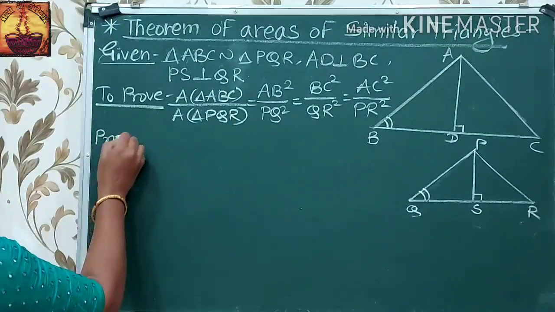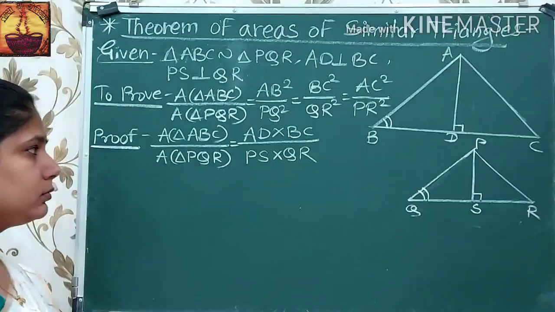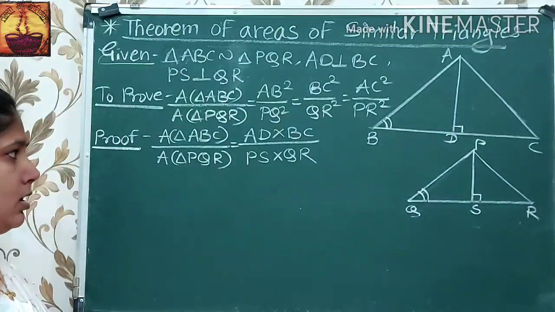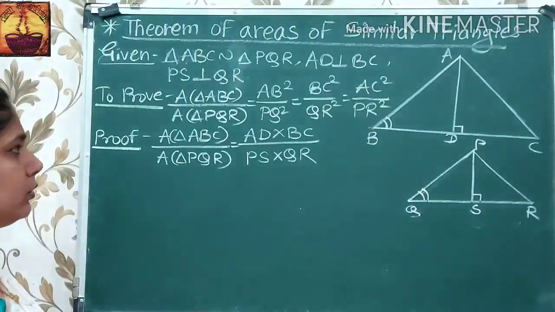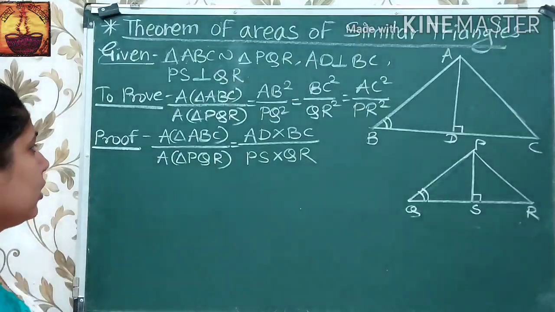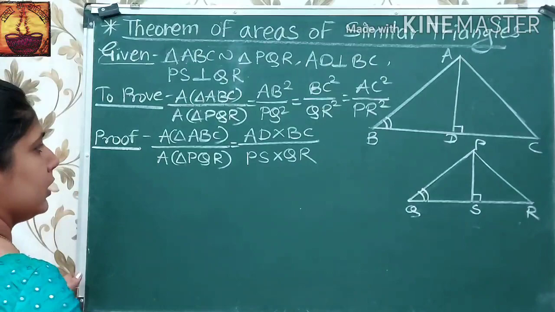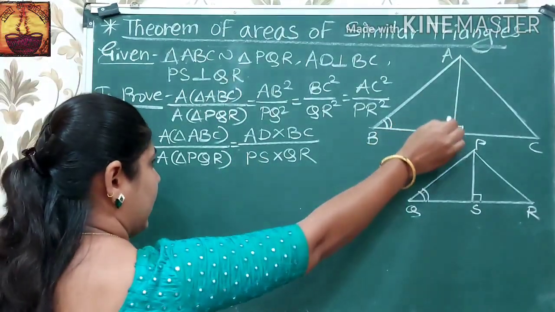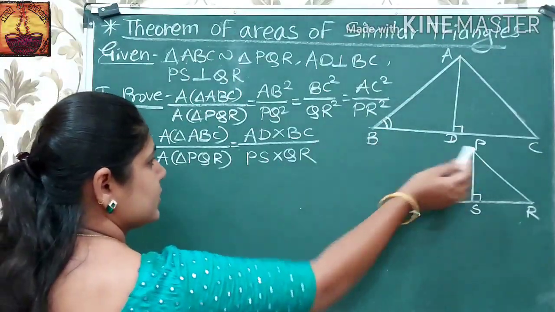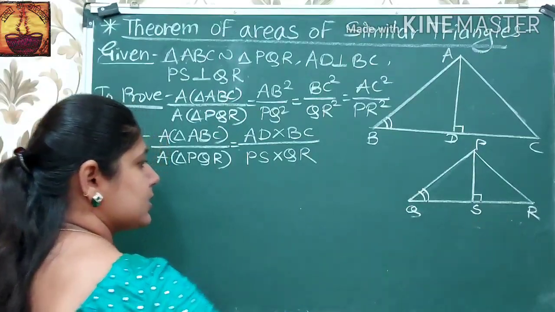Now, in the proof, we know that the ratio of areas of two triangles is equal to the ratio of the product of their base and height. Therefore, write area of triangle ABC upon area of triangle PQR is equal to: in triangle ABC the height is AD and base is BC, and in triangle PQR the height is PS and base is QR.